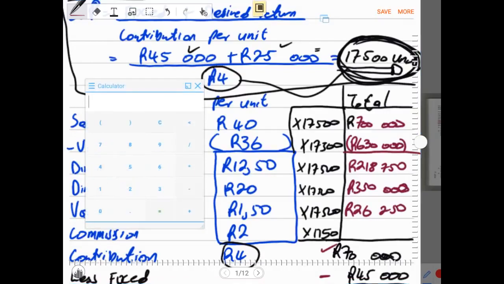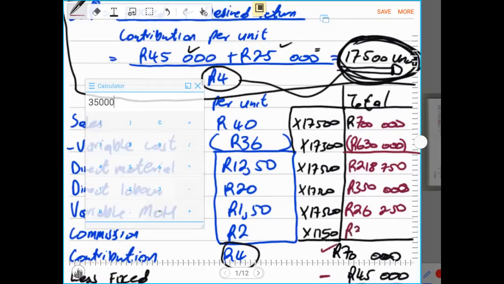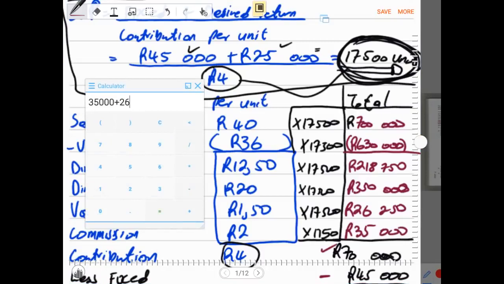Then we have our commission of 2 rand, times by 17,500, and this gives us a total of 35,000 rands. And now if you say 35,000 plus 26,250 plus 350,000 rands plus 218,750, this gives us the same 630,000 rands, just to confirm.